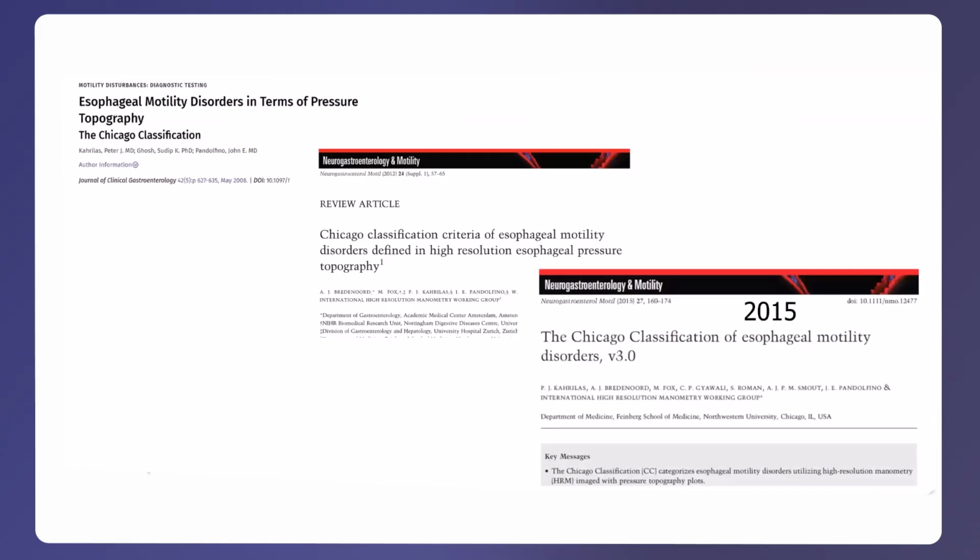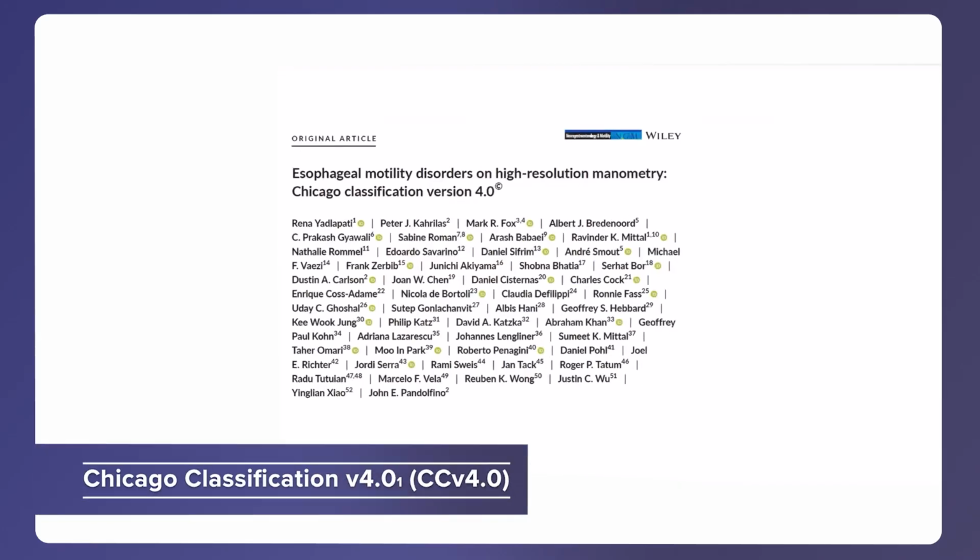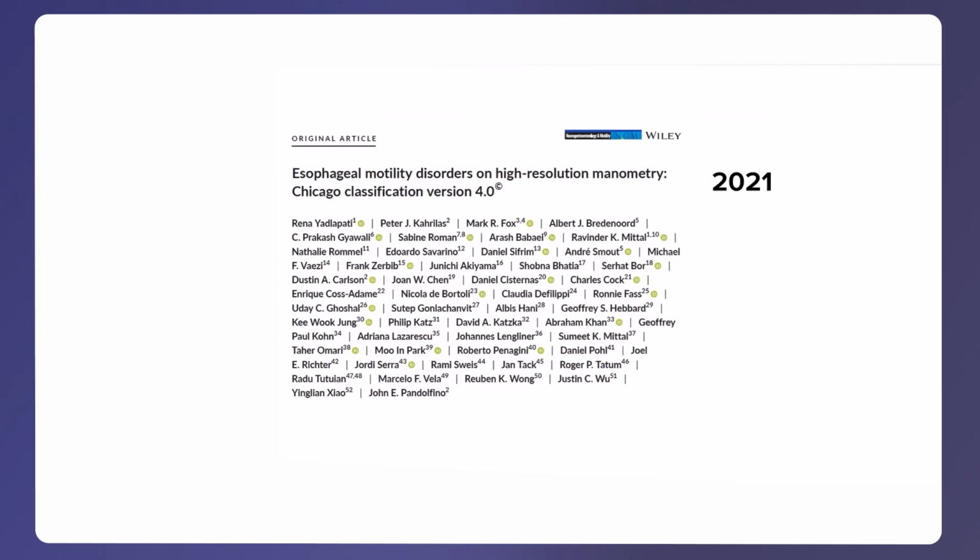Chicago 3.0 followed in 2015. Chicago 4.0 was published as a main article in January 2021 by the International Working Group, comprised of a greatly expanded team of world experts.